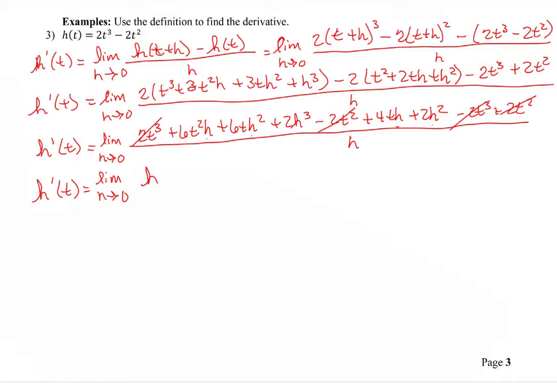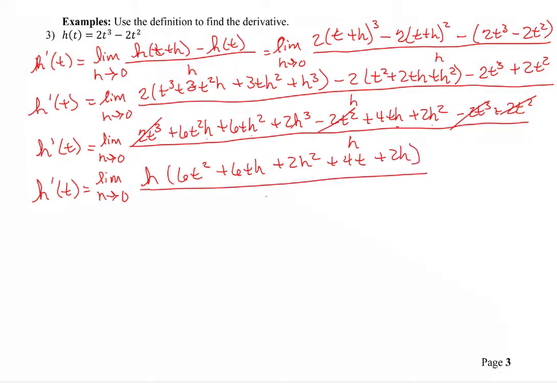So I'm left with h over 6t squared plus 6th plus 2h squared plus 4t plus 2h all over h.